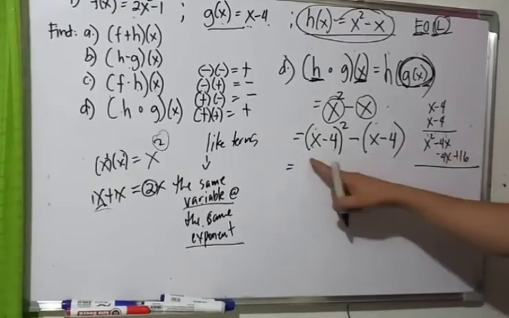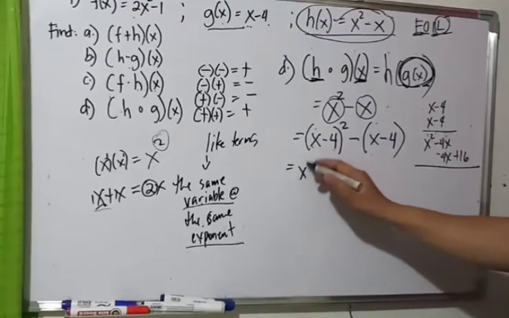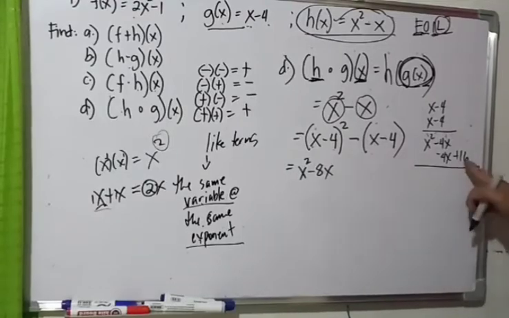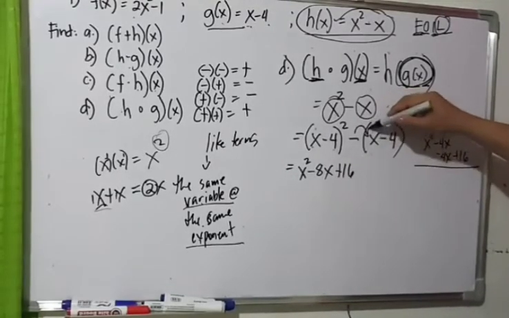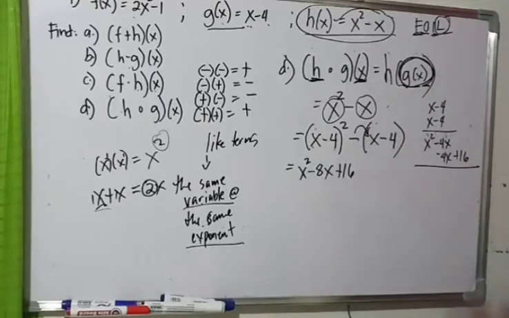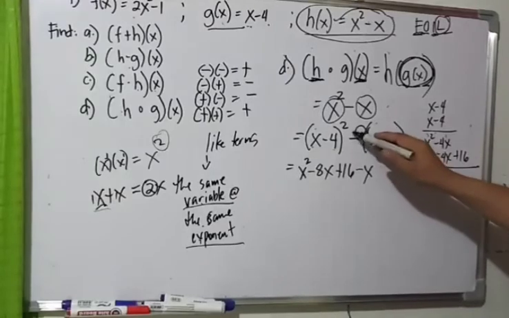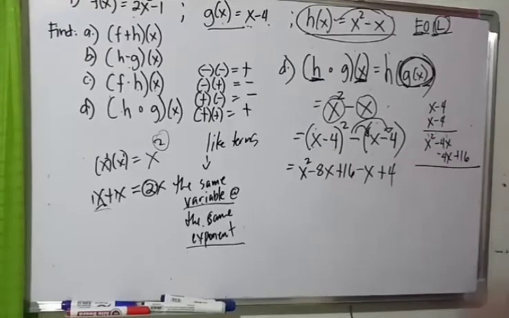So the result is X squared minus 8X plus 16. Then i-distribute natin ito yung negative sign. Negative times X, that is negative X. The negative times negative 4 magiging positive 4.